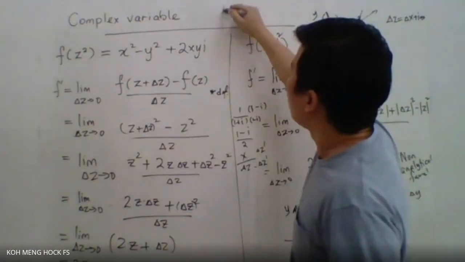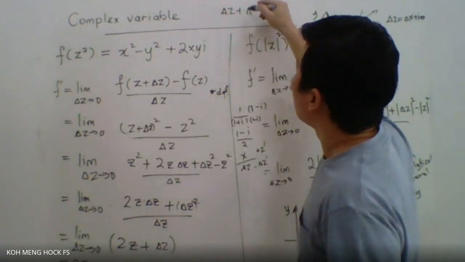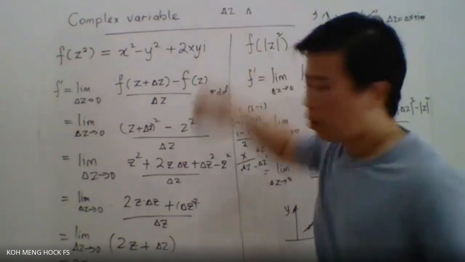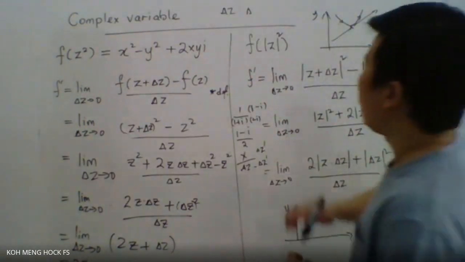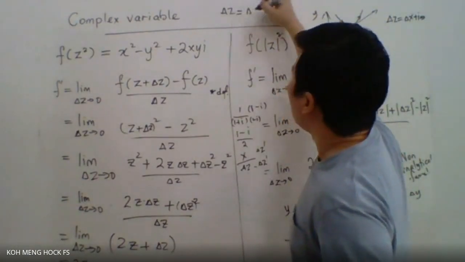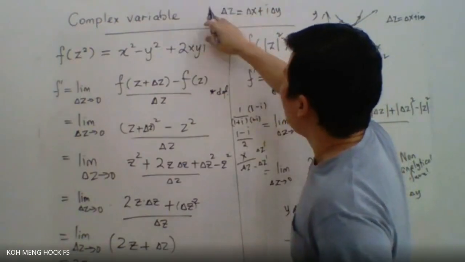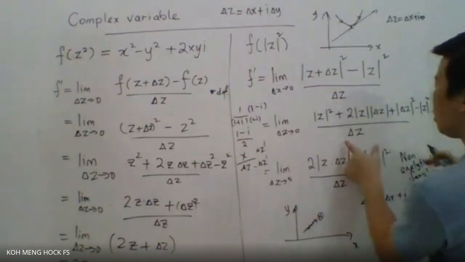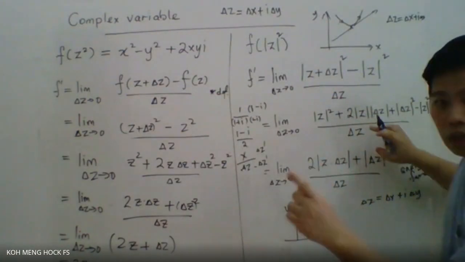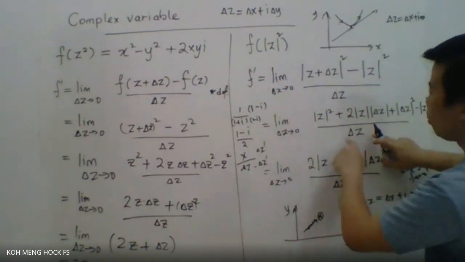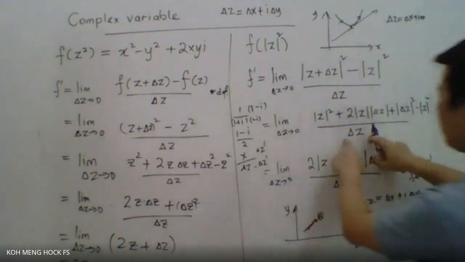So for a straight line, delta z equals delta x plus i delta y. So now this whole expression is this one. Assuming a straight line, you can use whatever line you want, this is my delta z.